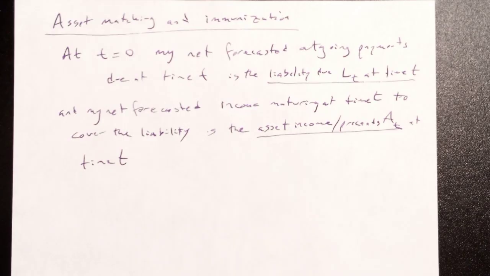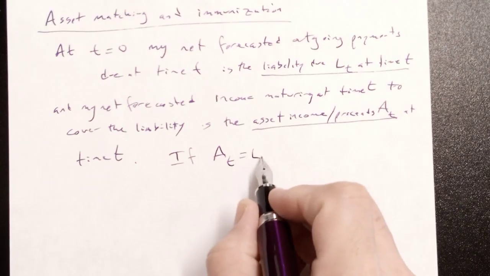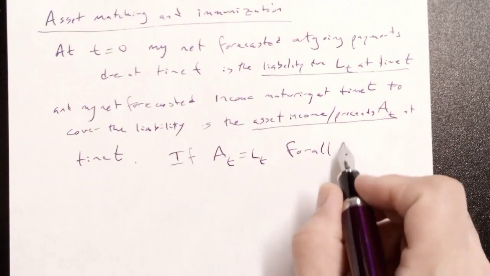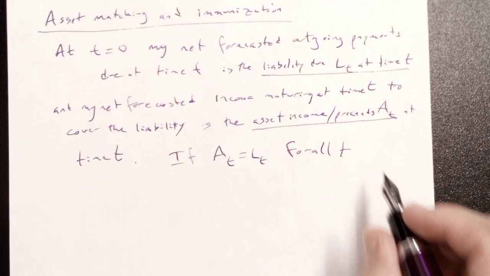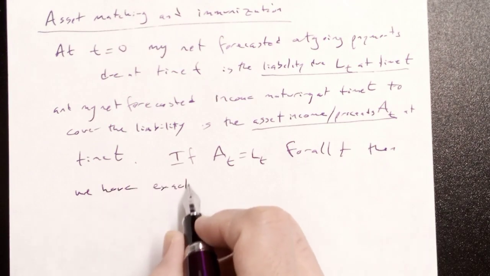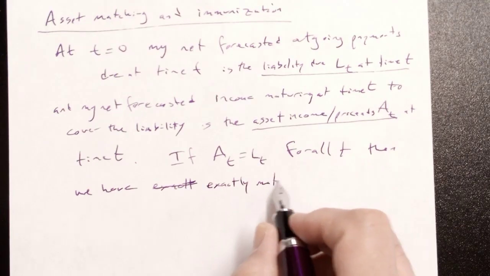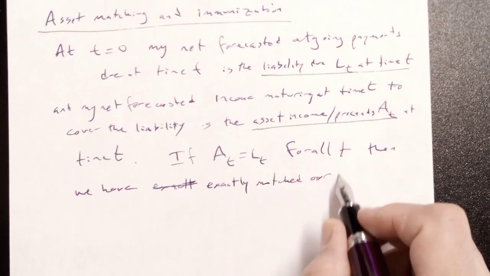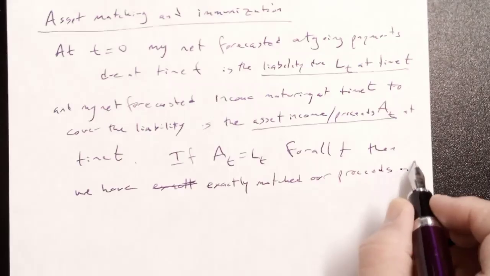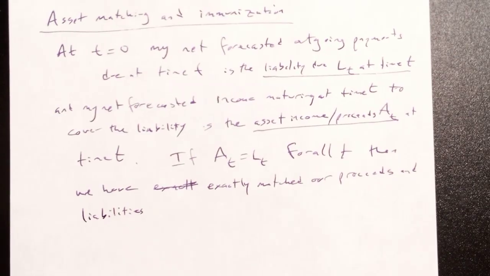If I can match my assets to my liabilities for all times T, then I've got exact matchings.